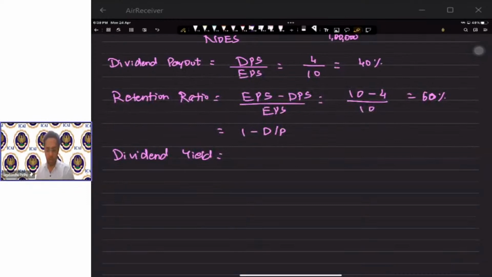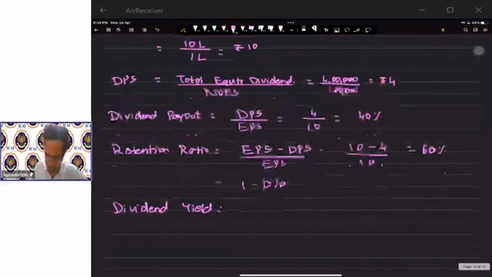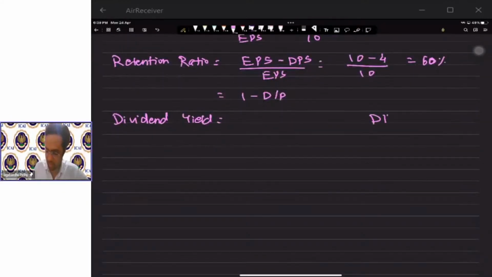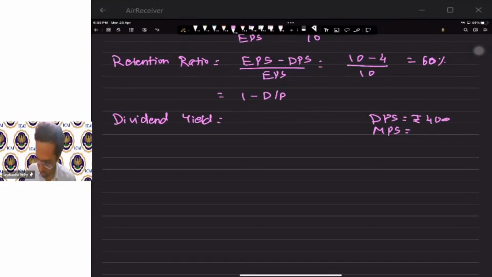The next ratio is about how much yield the company is providing in the form of dividend, right? Now, dividend yield. Now, what's dividend yield? Let's say over here, as we said, the company is having a dividend per share of 4 rupees, and the market price of each share in the stock exchange is observed to be, let's say, 20 rupees.